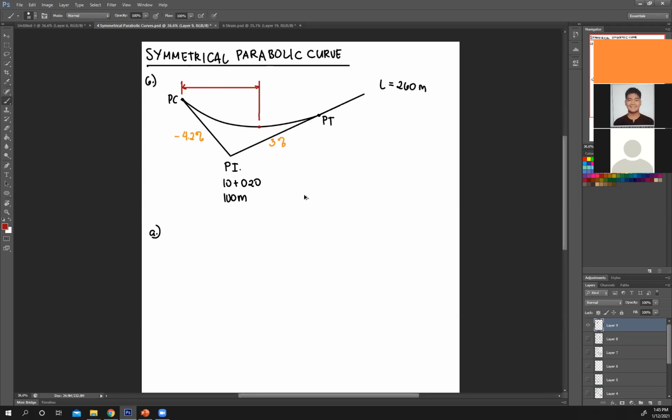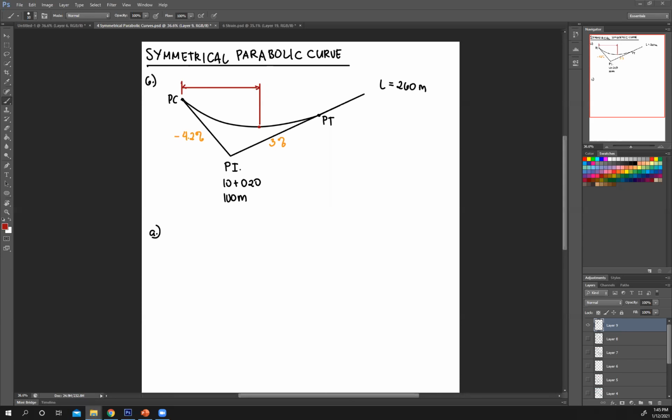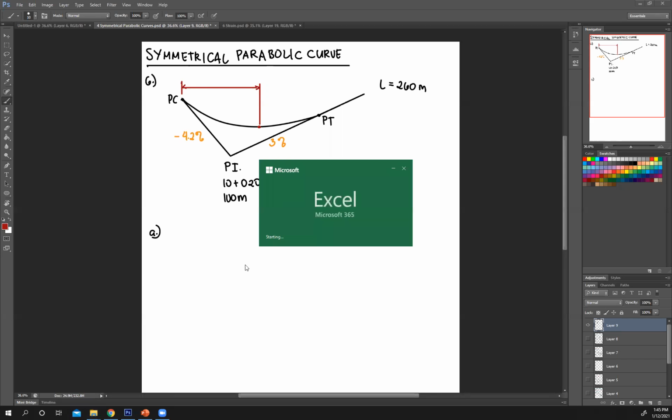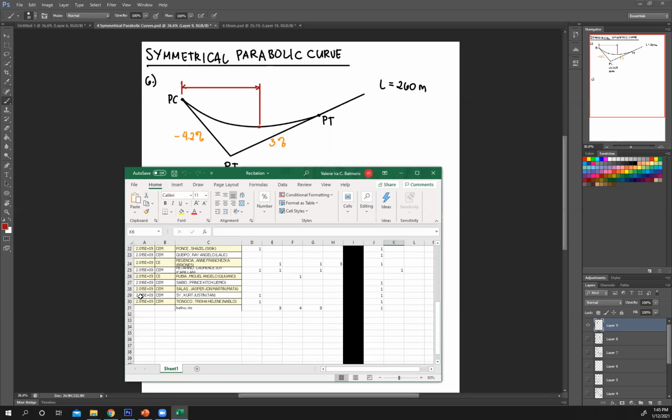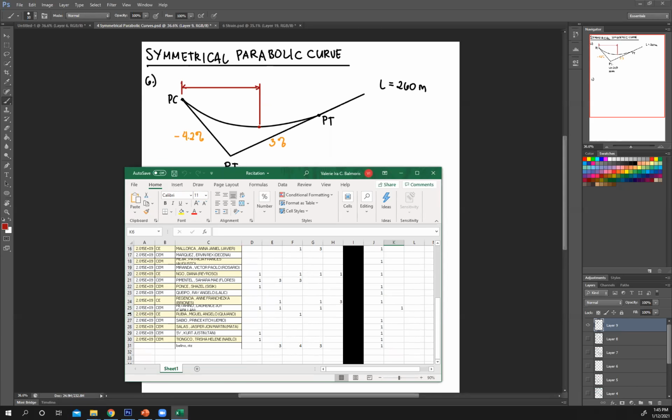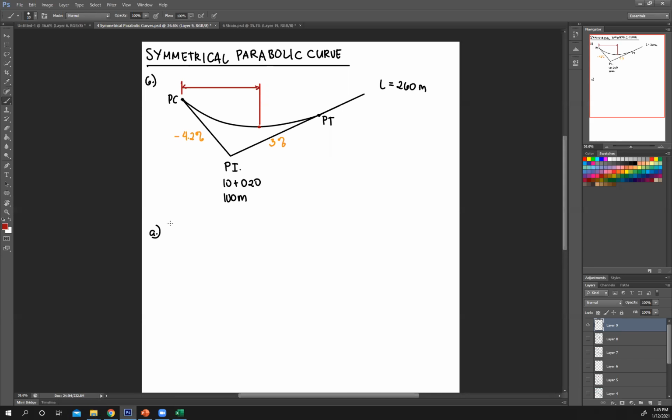Horizontal distance. Anyone? Nalimutan niyo na? Correct. It's S1. Correct, Lawrence. Okay, so we're looking for S1.